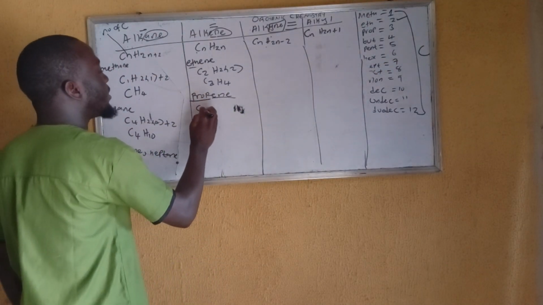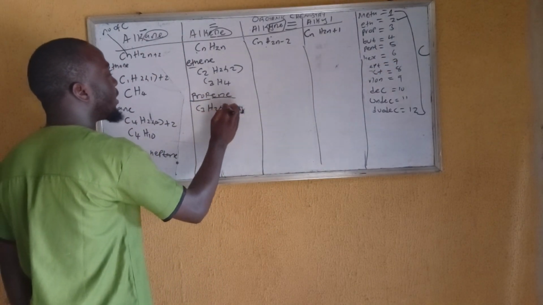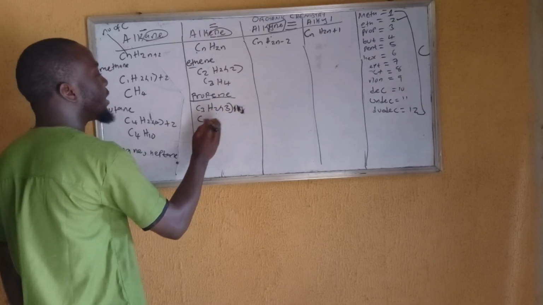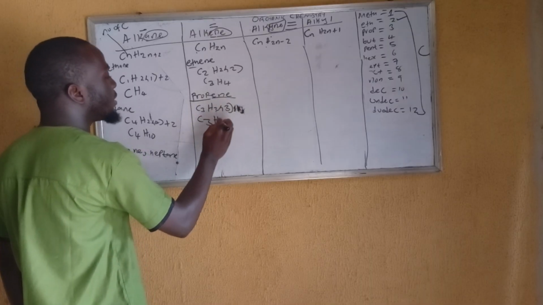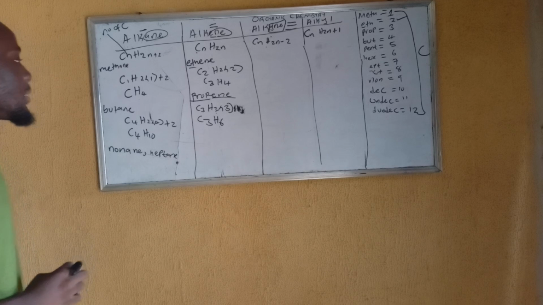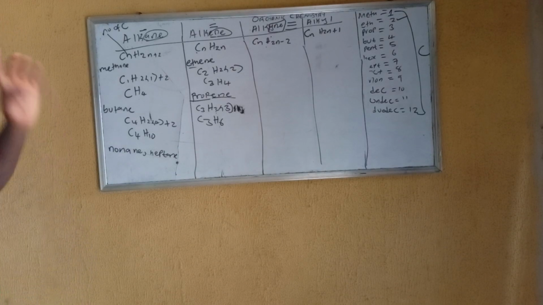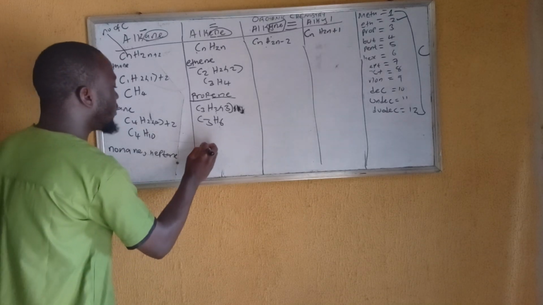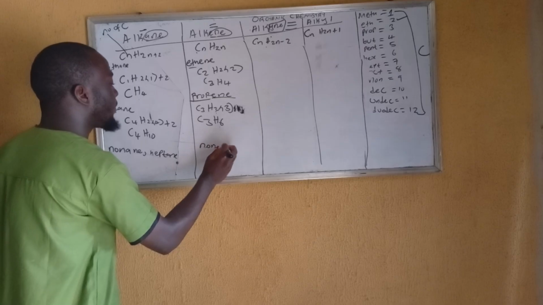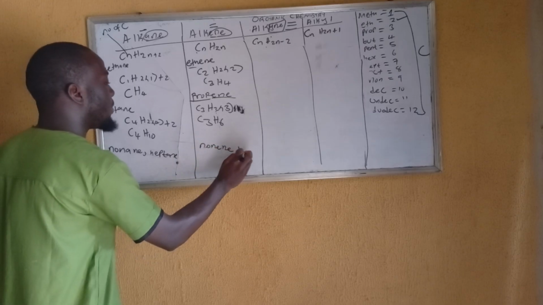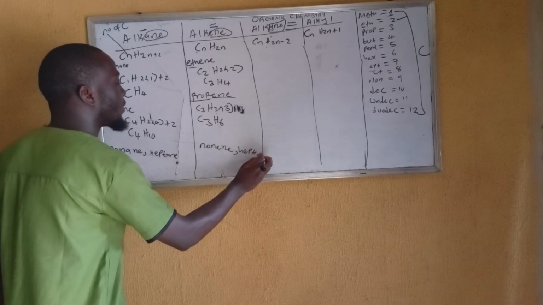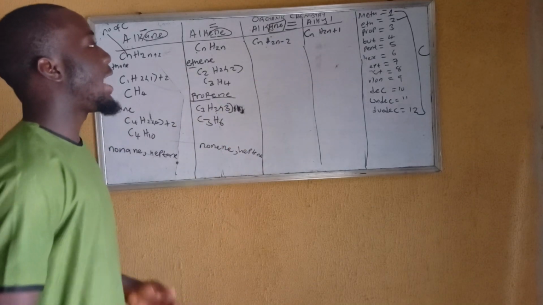So we say C3 H2(3), which gives C3H, 2 times 3, 6. Are you getting me? As simple as that. You two can also do for nonene and heptene. Now moving to the next, alkyne.